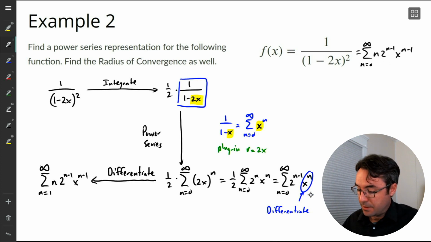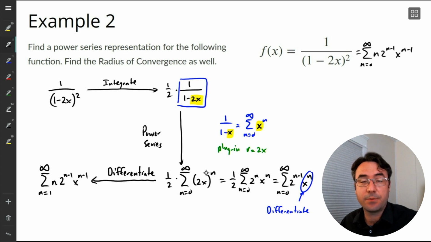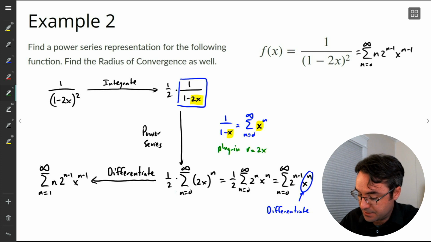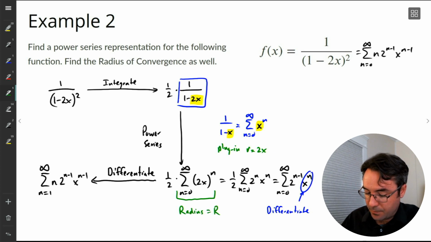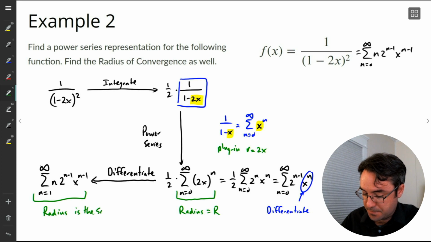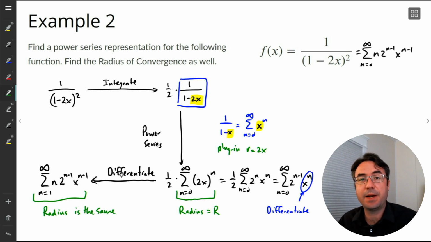Let's consider the radius of convergence for the power series that we started with. And if we can find the radius of convergence for this power series, well, then the radius of convergence for this one has to be exactly the same, because when we differentiate a power series, it doesn't change the radius of convergence.